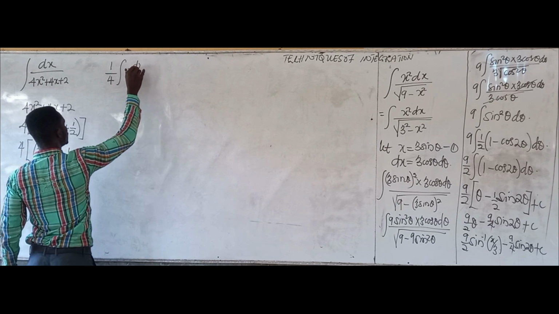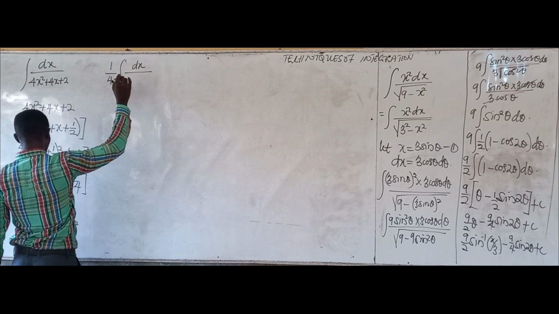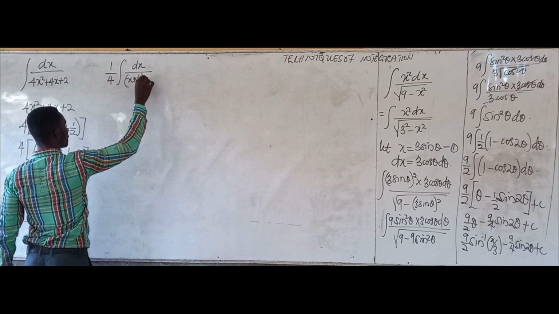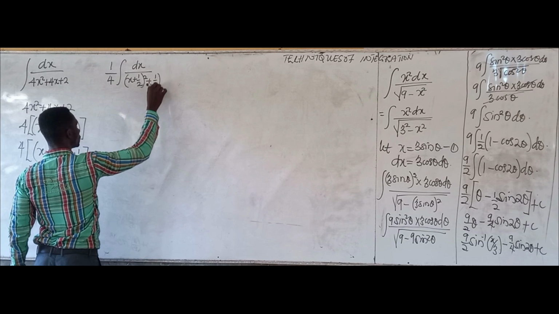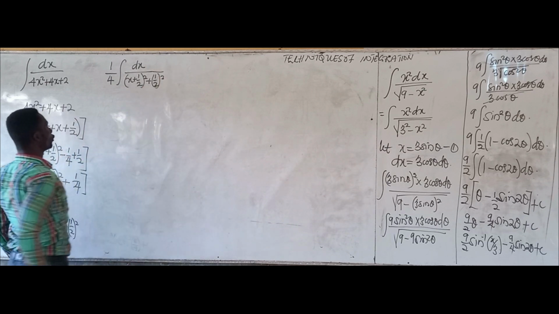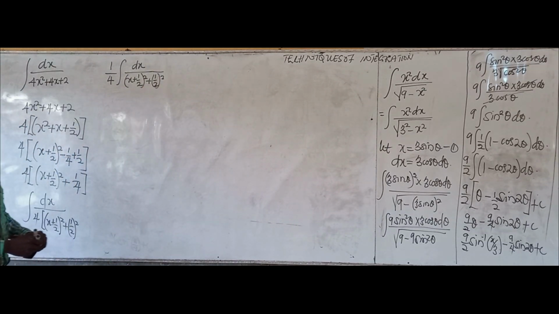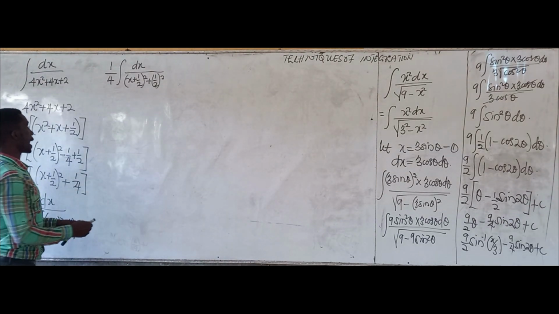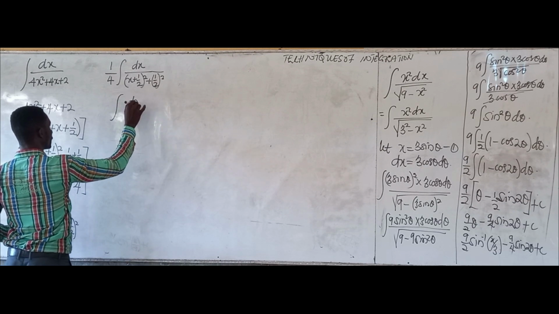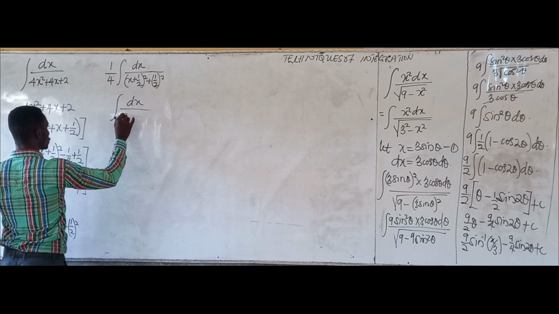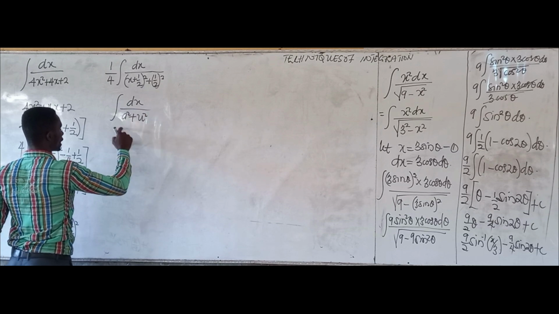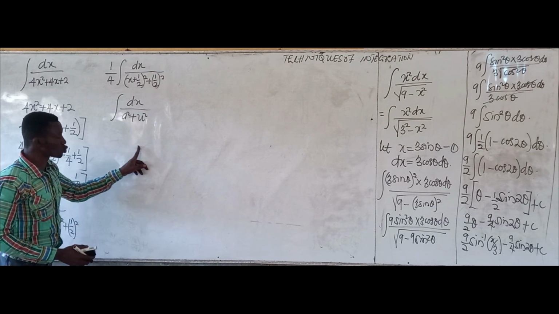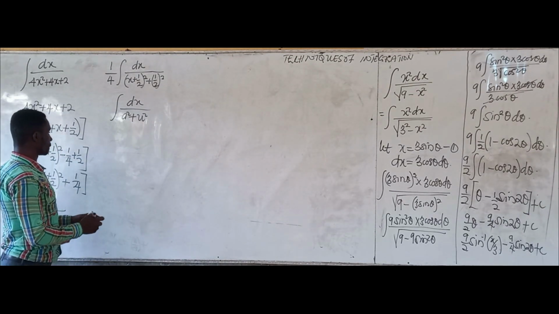integral dx over x plus half squared plus 1 over 2 squared. So this looks similar to those that we have solved before. Because I said if you have integral dx over a squared plus u squared or u squared plus a squared, the appropriate substitution is u is equal to a tan theta.